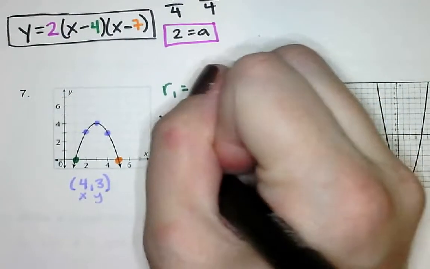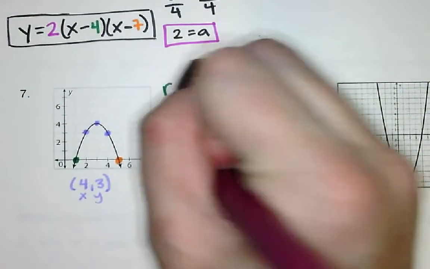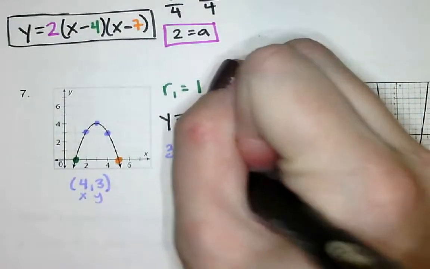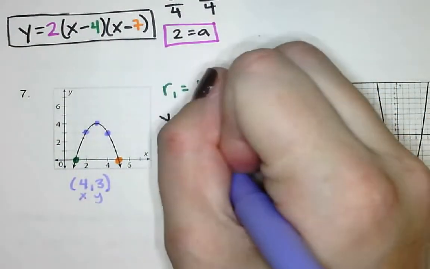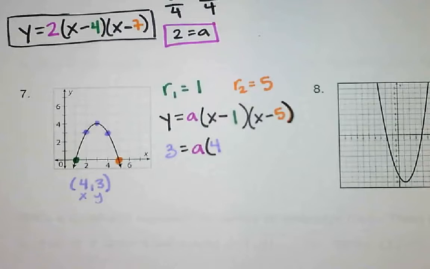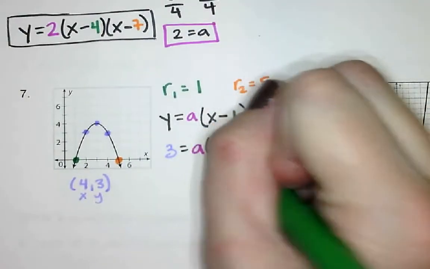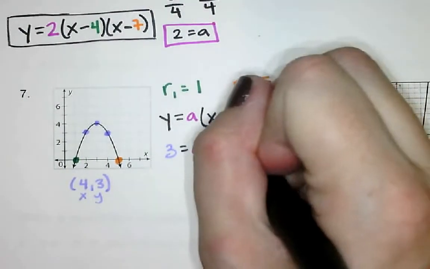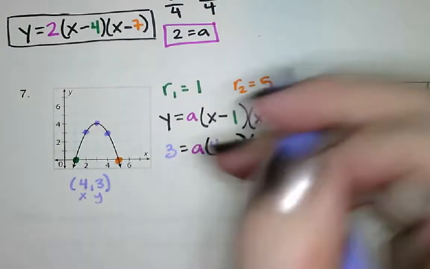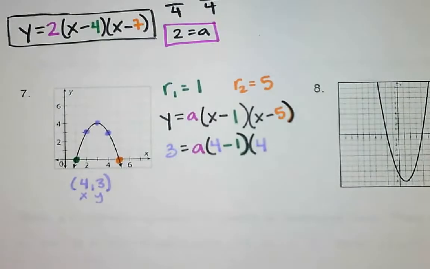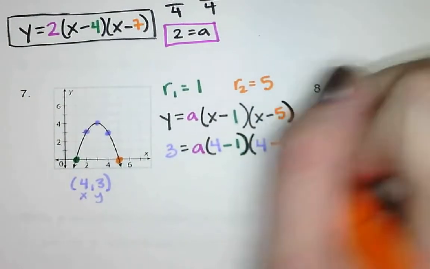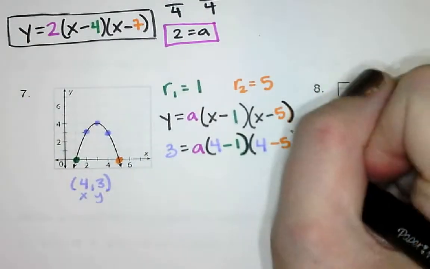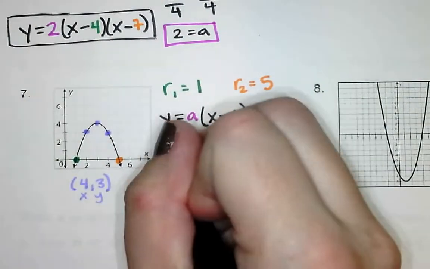Parentheses 4 minus 1. Okay? Times 4 minus 5. Okay? So then that is equal to 3 equals A times 3 times negative 1.